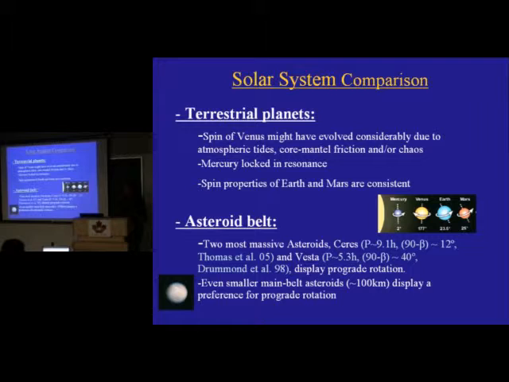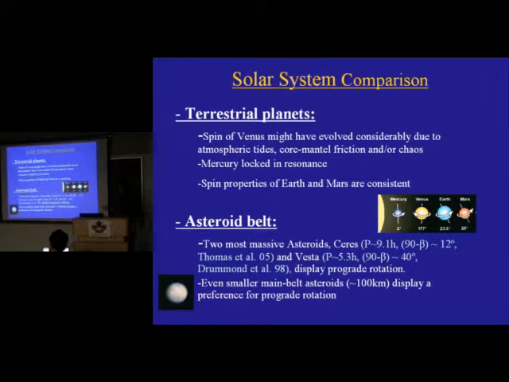However, evidence from the asteroid belt suggests that the very largest objects might have actually kept their original spin, or their spin properties have only evolved very little.